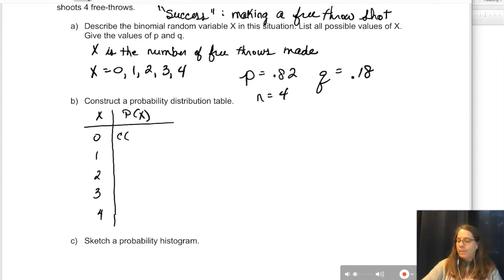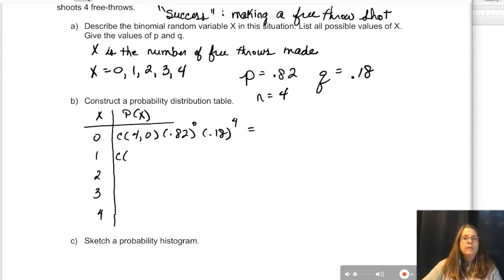We use the formula to say that out of 4 shots, we choose 0 to be our success. The probability of success is 0.82, but it doesn't matter because she won't make any. The probability of failure is 0.18, and if she makes 0 shots, that means she had missed all of them. So 0.18 is raised to the 4th power.